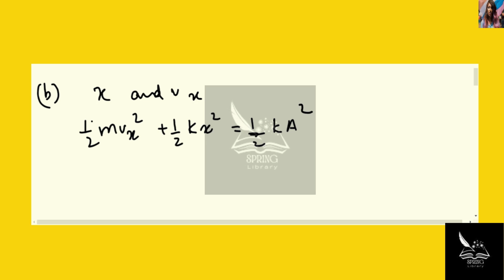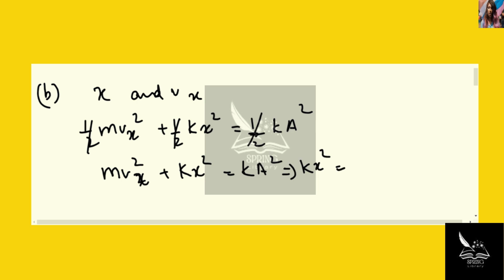Cancelling the halves, it becomes mvx² + kx² = kA². We can also write it as kx² = kA² − mvx².